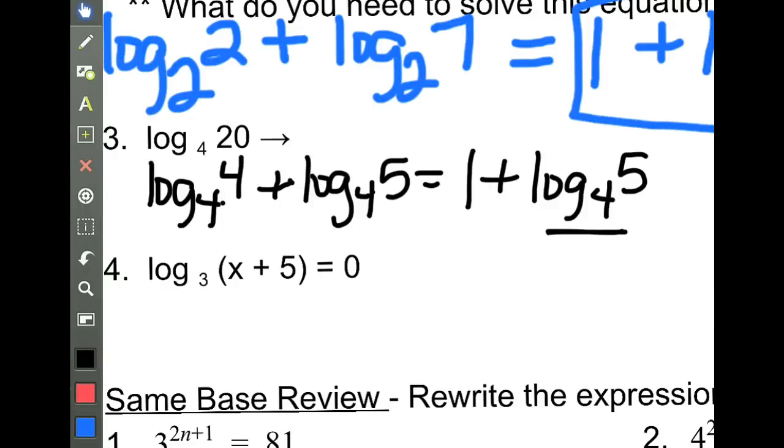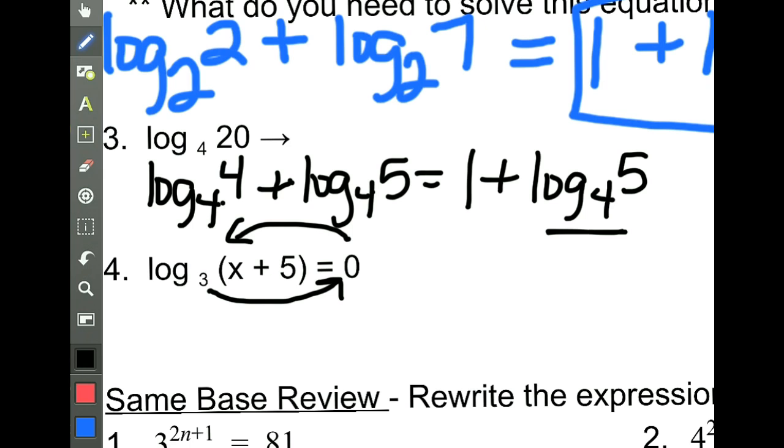Okay, so now we've got an equation set up in number 4, right? So we have logs on this side, but we've got a number on this side. So this is where your ability to convert between exponential form and logarithmic form really comes in handy. Because I know using my circular motion that my base raised to the power gives me this answer.